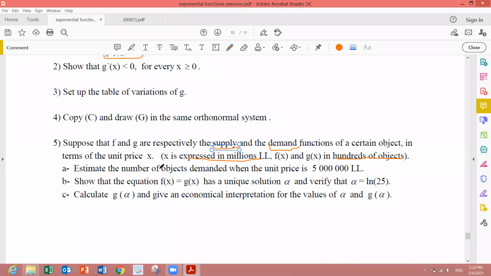Estimate the number of objects demanded when the price is 5 million.